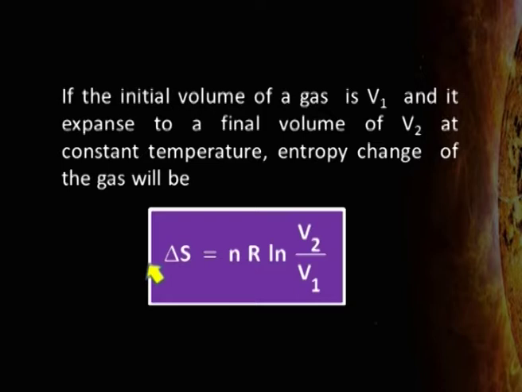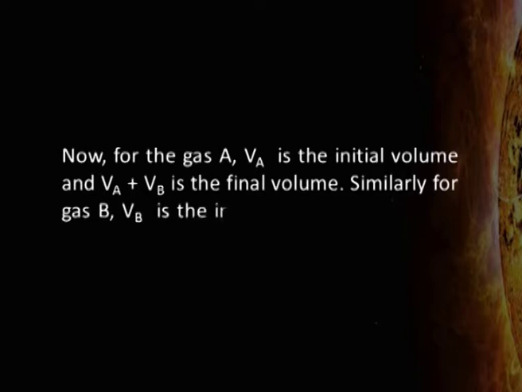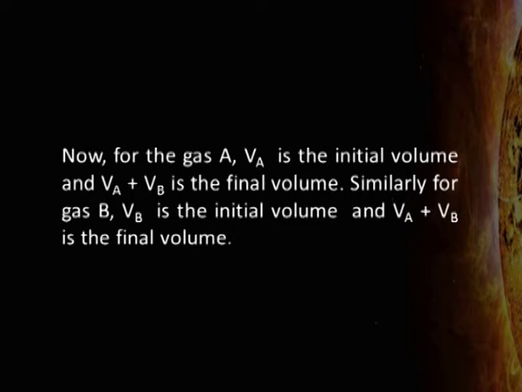Here delta S is increase in entropy, N is total number of moles of the gas, R is universal gas constant, V2 is final volume of the gas, and V1 is initial volume of the gas. Now for gas A, Va is the initial volume and Va plus Vb will be the final volume. Similarly, for gas B, Vb will be the initial volume and Va plus Vb will be the final volume.